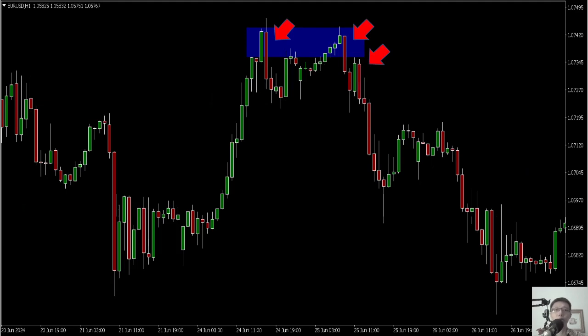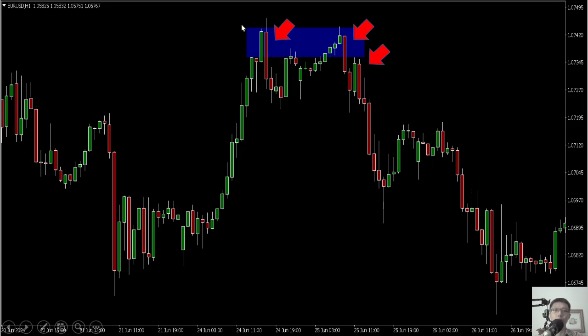This is also an example of 3 pushes. So this is a resistance area because this big uptrend stopped right here. After this big uptrend, there is a big bearish candle. So this is one push, this candle, because the candle closed below this resistance area, and then buyers try to push the price higher and then fail again here.